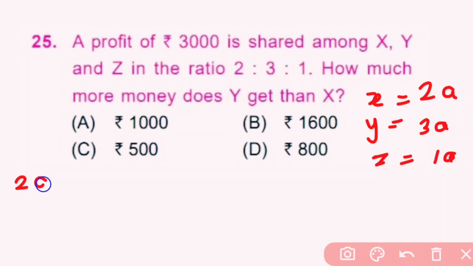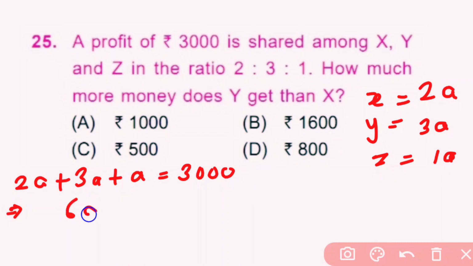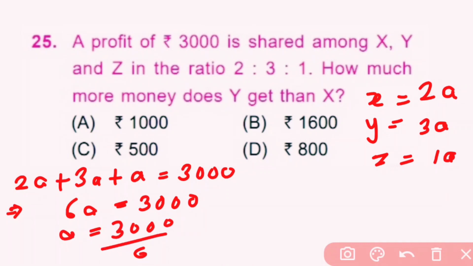Means 2A plus 3A plus A is equal to 3000. Means 2A plus 3A plus A is 6A. 6A is equal to 3000 and A is equal to 3000 divided by 6. Here 6 ones are 6, 6 fives are 30 and this 0 means 500.